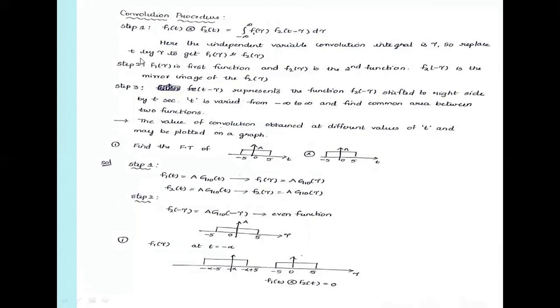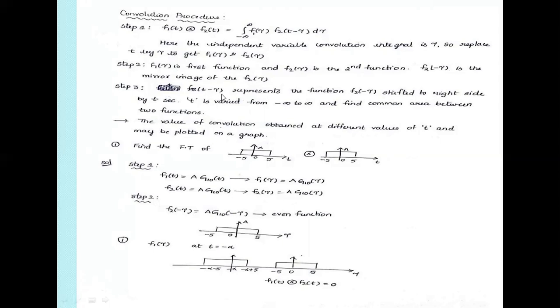So replace t by tau to get f1 of tau and f2 of tau. f1 of tau is the first function and f2 of tau is the second function, and f2 of minus tau is a mirror image of f2 of tau. We know that the positive values and the negative values are a mirror image.